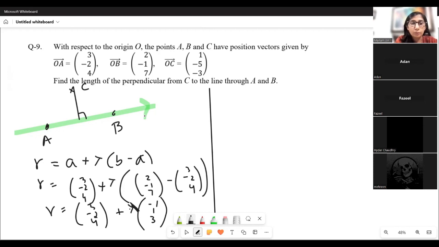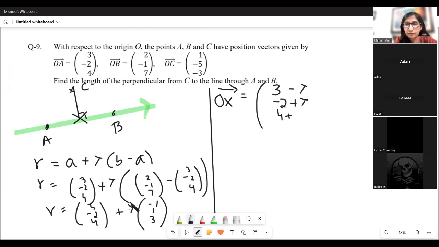Okay, now I'm calling this point here X. Since X lies on the same vector, OX is going to have the same coordinates as the line: 3 minus lambda, minus 2 plus lambda, and 4 plus 3 lambda. I've merged the two independent column vectors. So let me just double check. Okay. So we know OX now, so from here we can find CX.